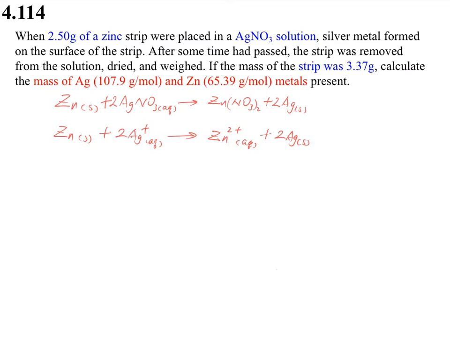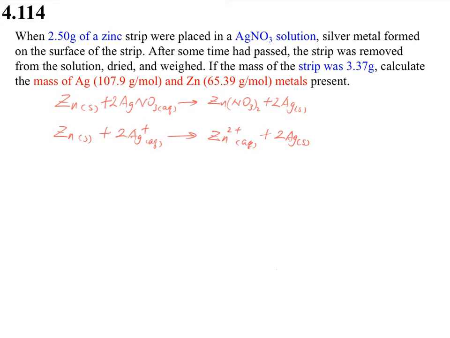So the key information is that the mass changed from 2.5 gram to 3.37 gram. So why does the mass of the strip increase? The reason is that initially we have zinc, and at the end we have silver. So let's look at this process.